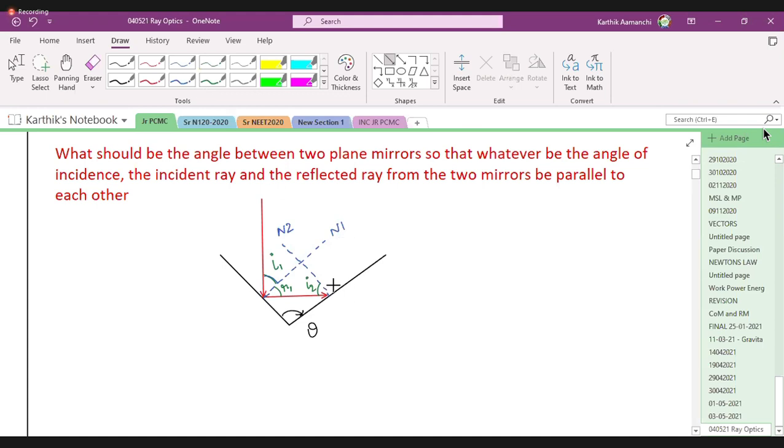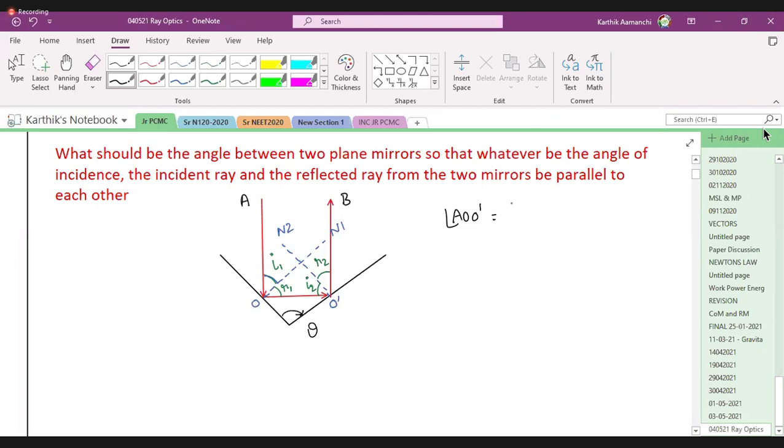So my ray will now have to go parallel to your incident ray, isn't it? So this I'll take as point O, this as O dash, and A, B. What is angle AOO dash?